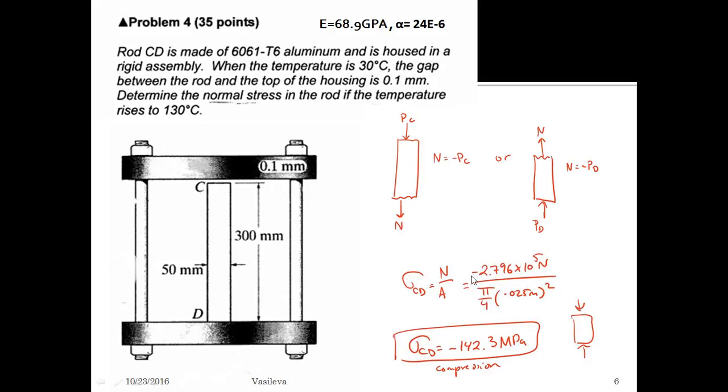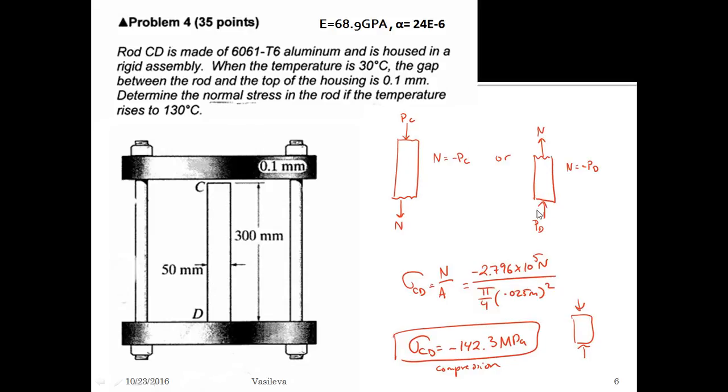So I plug that in, negative PC divided by pi r squared, and I end up with normal stress equals negative 142.3 megapascals. It's negative, so that means that the rod is in compression, right? So if it was positive, it would mean that it was in tension. Negative means that it is in compression whenever the temperature rises.